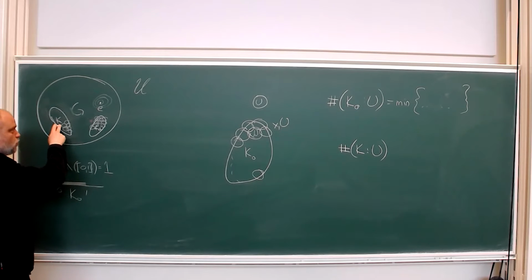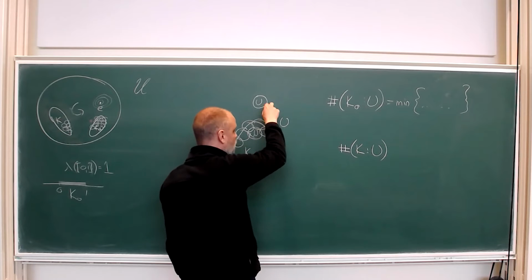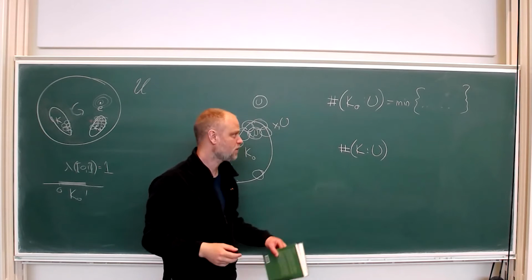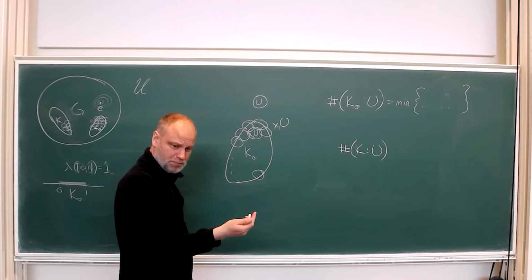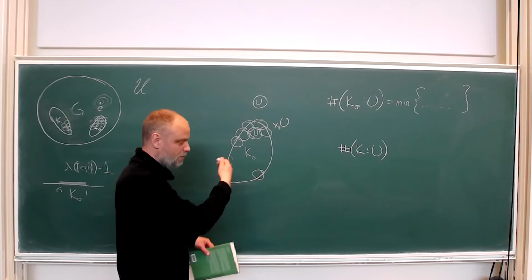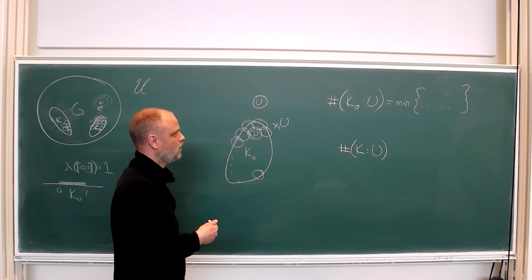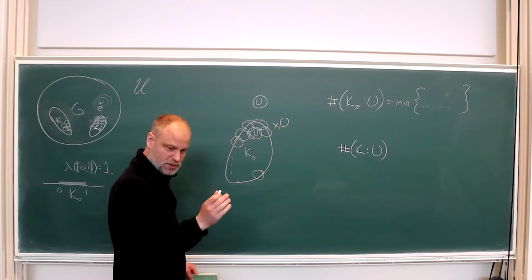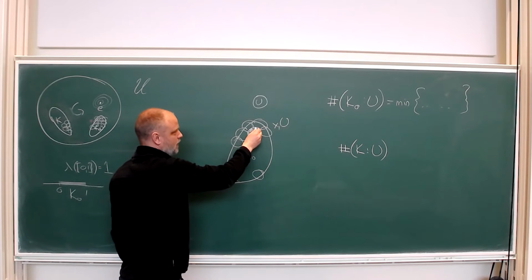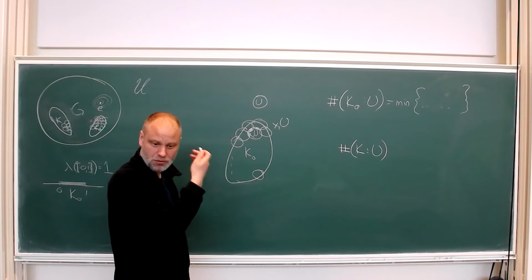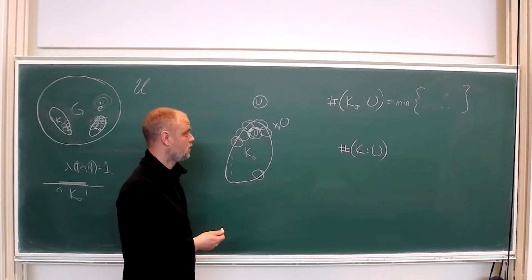Now, if he's twice as big, it's kind of intuitive if this U is a small set, so that there will be some overlap here, right? So this counting balls or counting amount of U's is not an exact measure of size somehow, but if U is smaller and smaller and you have very little loss here in the overlaps, then maybe the amount of balls should somehow correspond to the size.